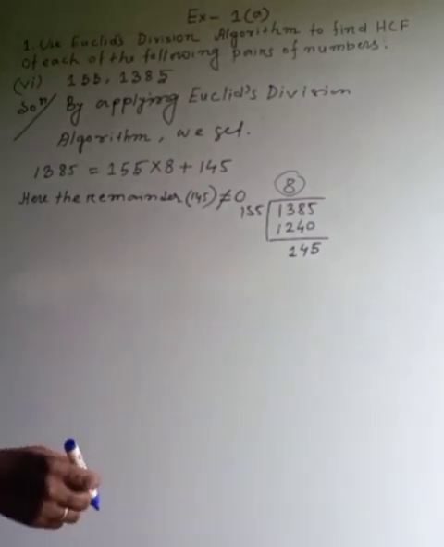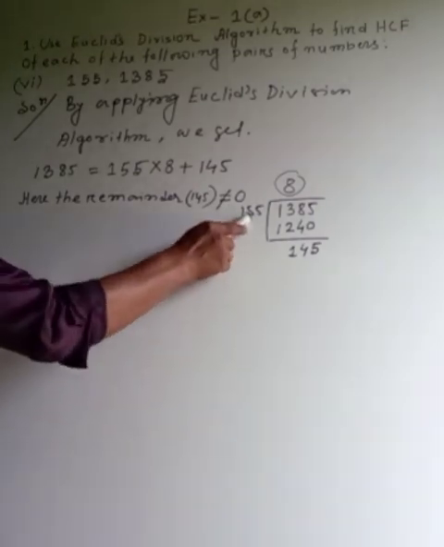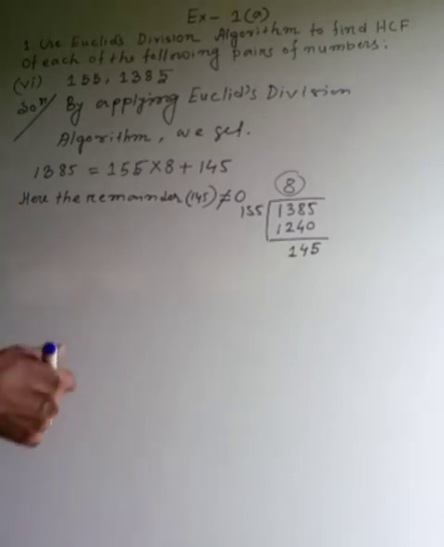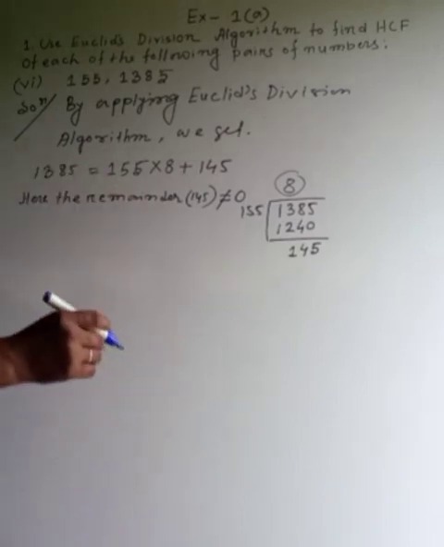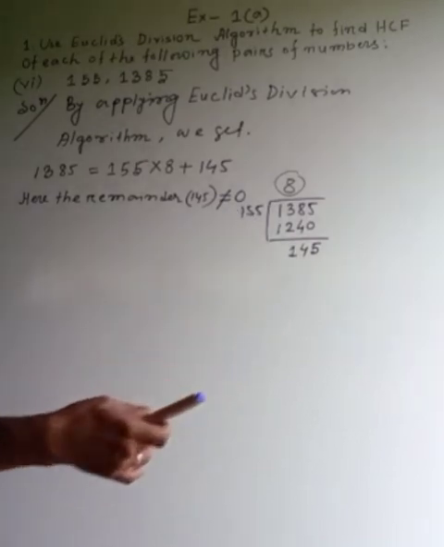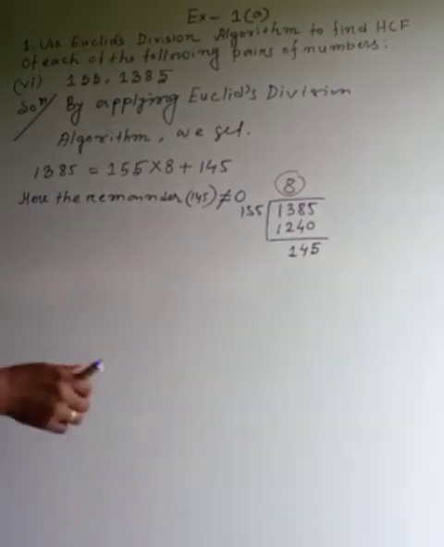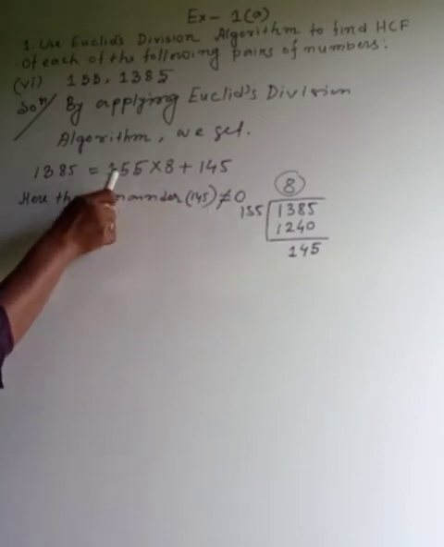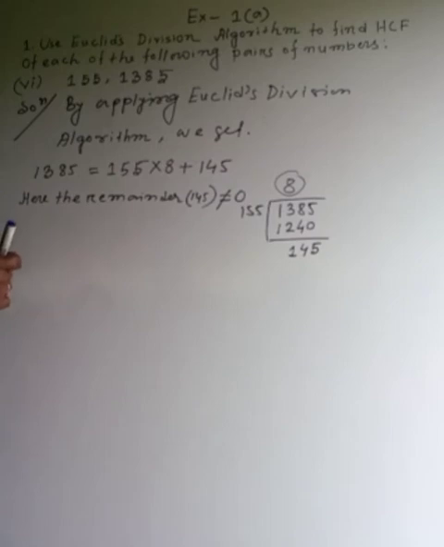Then what will be the divisor? This will be the HCF. So how can we go for the next step? Next step means this divisor we have to consider as the dividend again. Try to understand, this is the divisor. This divisor will be the dividend now.